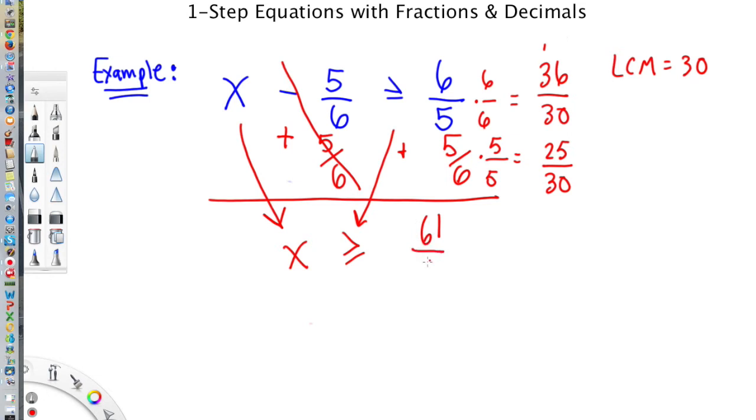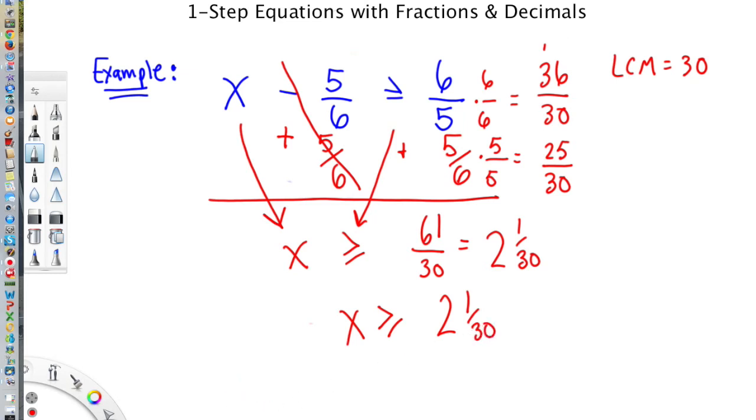So I have 61 over 30, which I can then reduce. 30 goes into 61 2 times, and I'll have 1/30th left over. So I can say that x is greater than or equal to 2 and 1/30th.